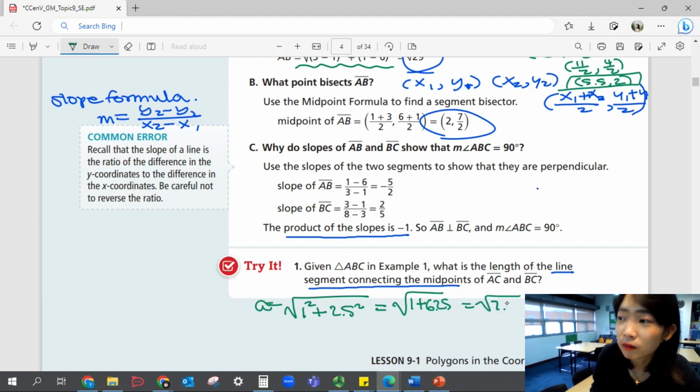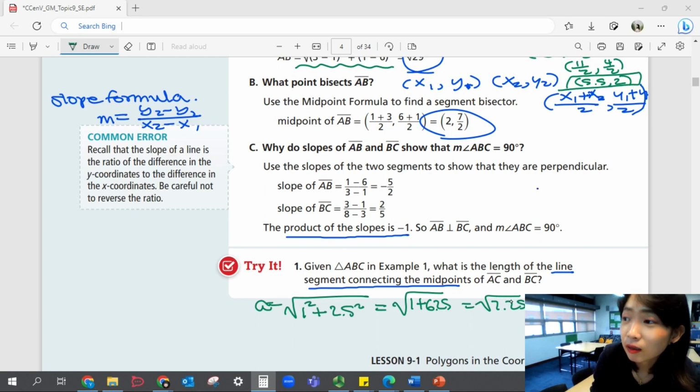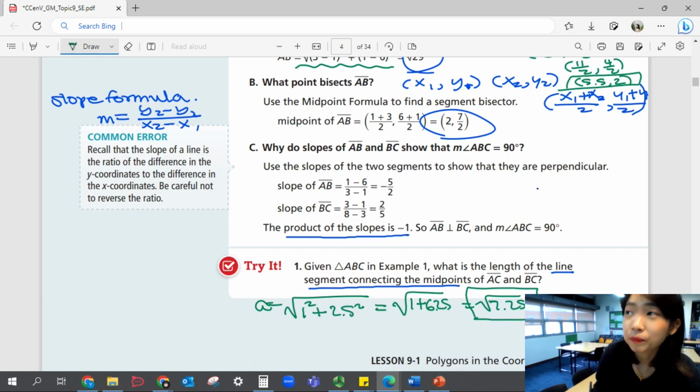So the square root of 7.25, and if you square root it, you will get 2.69258240356725, and so on. So we can round it, or we can leave it as an exact solution. Square root of 7.25 is enough, okay?